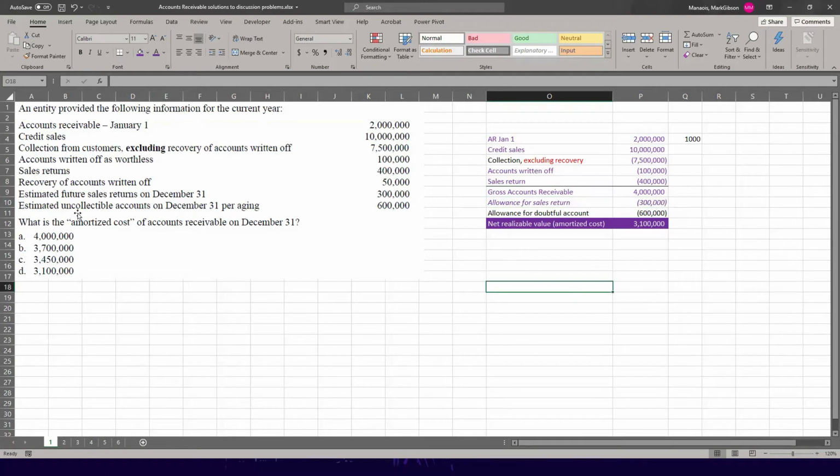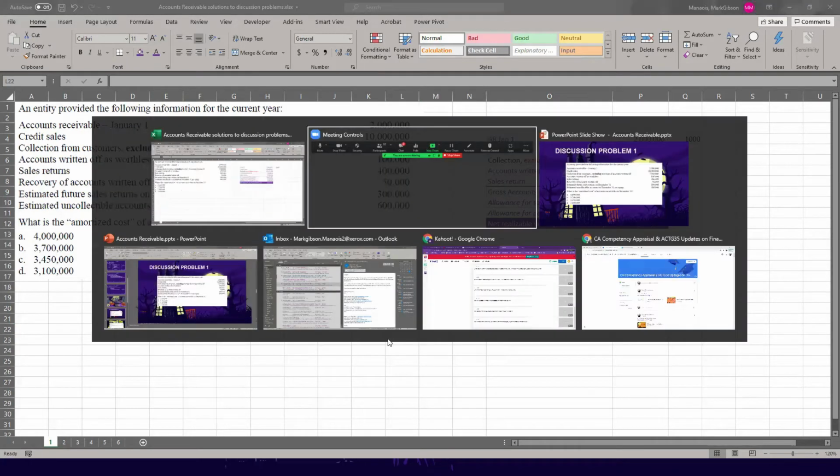And then estimated uncollectible accounts or simply the allowance for doubtful accounts of 600,000 pesos. So kunin mo yung difference niyan, then you will arrive to the net realizable value of 3,100,000. So the answer is letter D. Okay, so that's problem number 1.